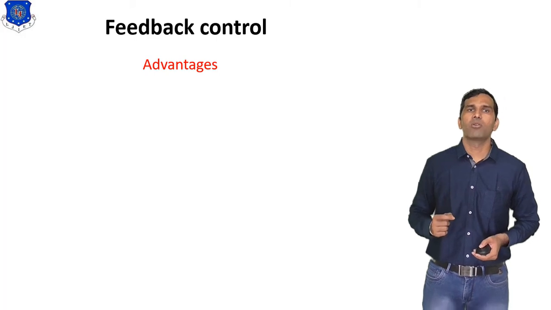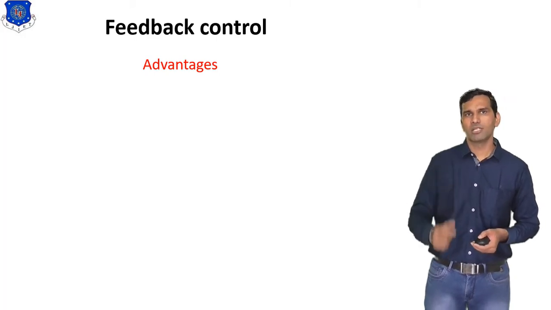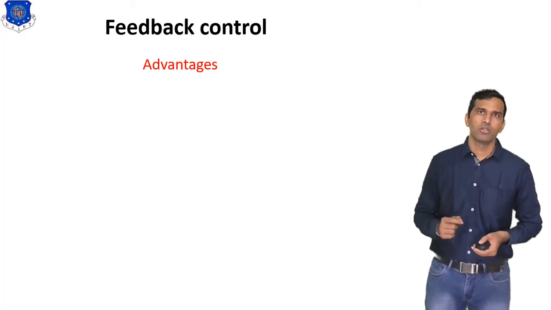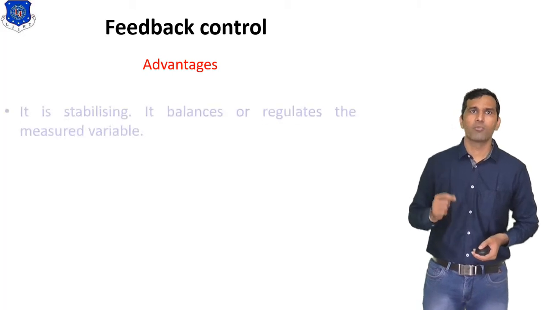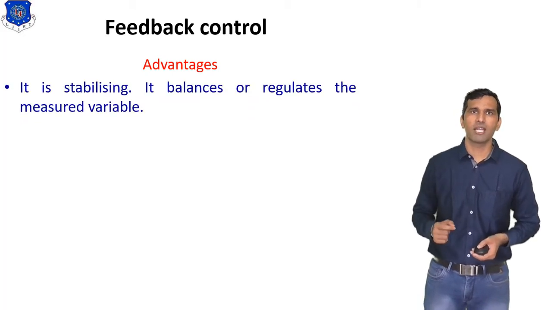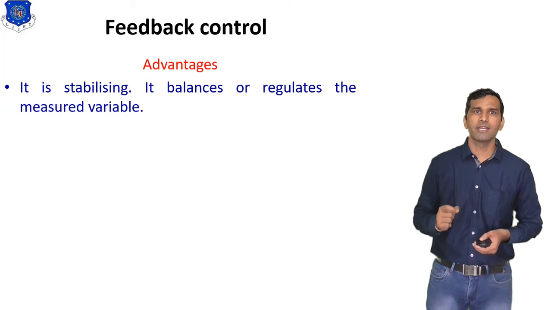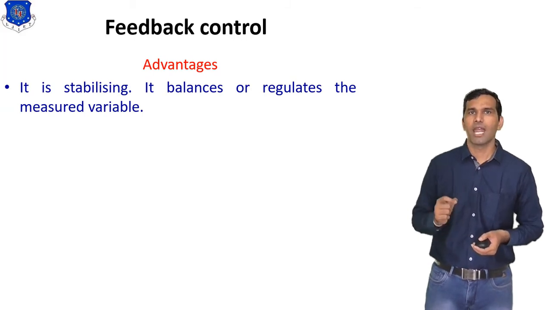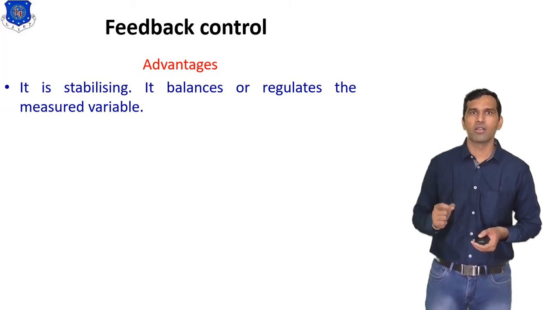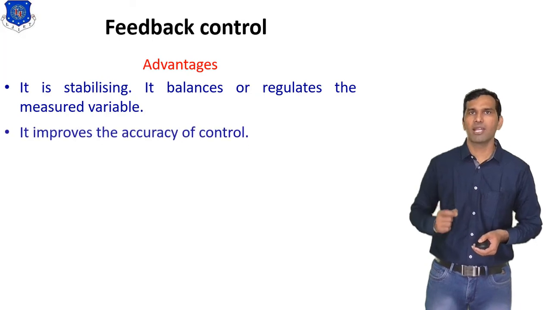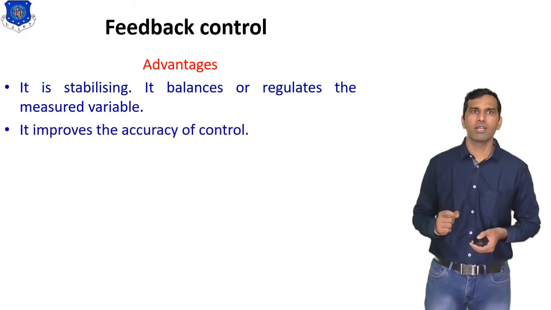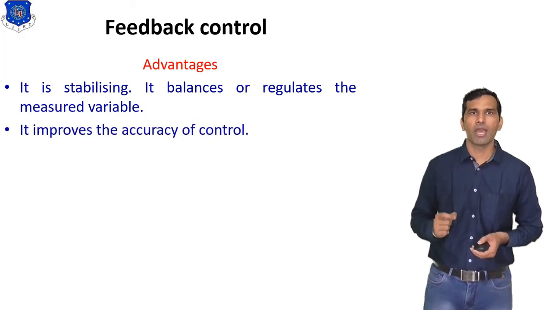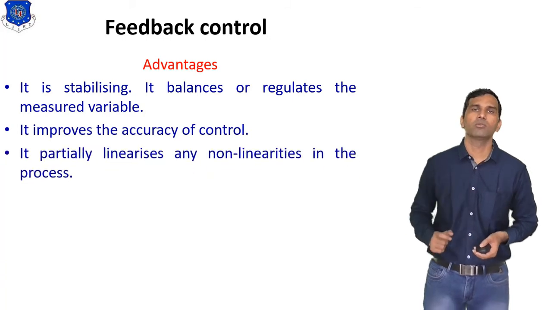Now we discuss the advantages of this feedback control system. There are many advantages. The first one is that it is stabilizing, that means it balances or regulates the measured variable. The second is that it improves the accuracy of control.